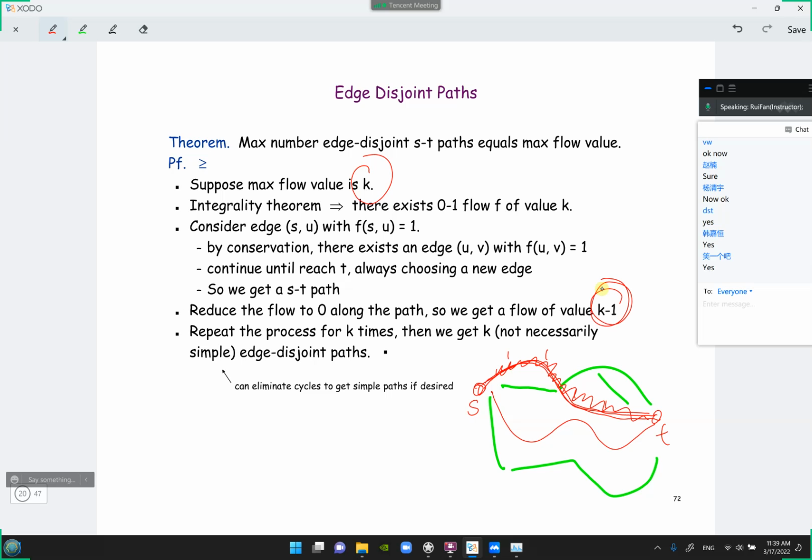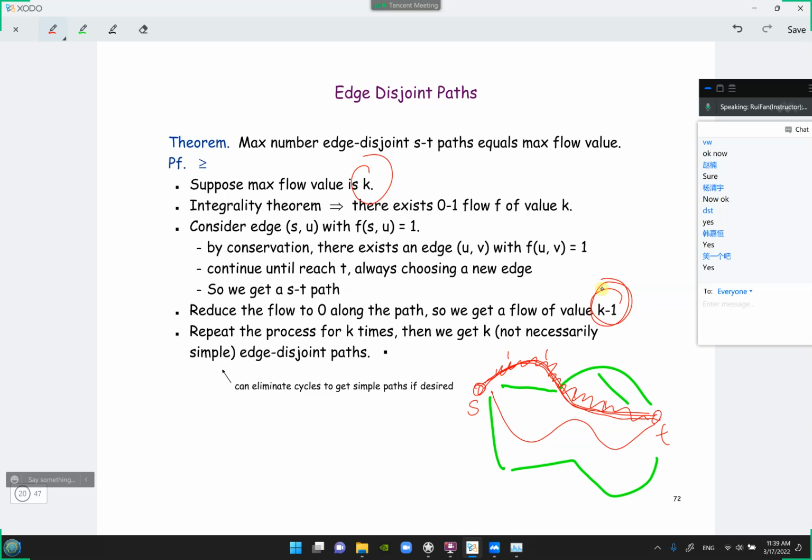Previously, let's say you sent 2 units of flow from S to T, and now after you take out this path, which contains 1 unit of flow, the remaining edges in this flow are like a flow of size 1.